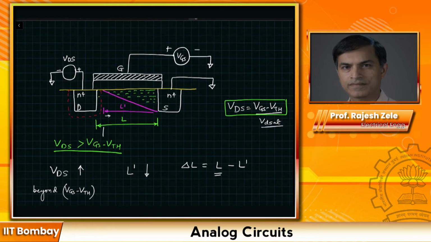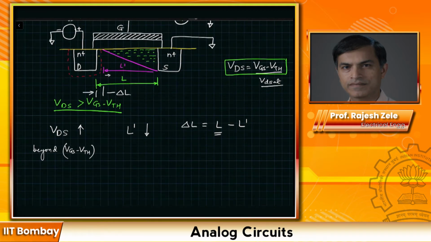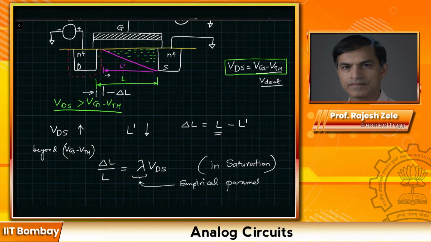So this is delta L. And we can write a very simple expression which shows delta L divided by L is equal to lambda times VDS, and this is valid in the saturation region. Lambda is an empirical parameter for the process. So the percentage change in the channel length is equal to lambda times VDS. If VDS goes up, then delta L will go up, as a result of which the percentage change delta L by L will also go up.